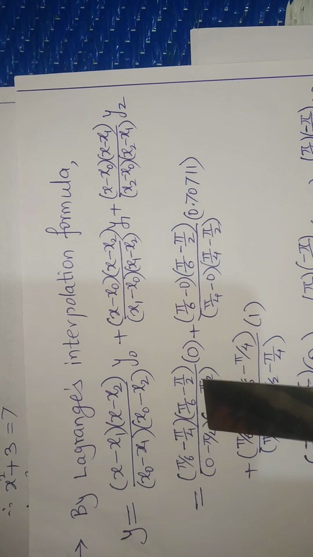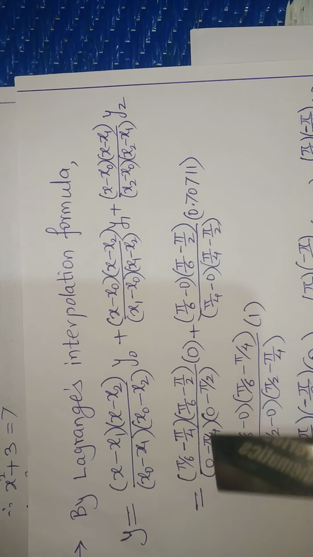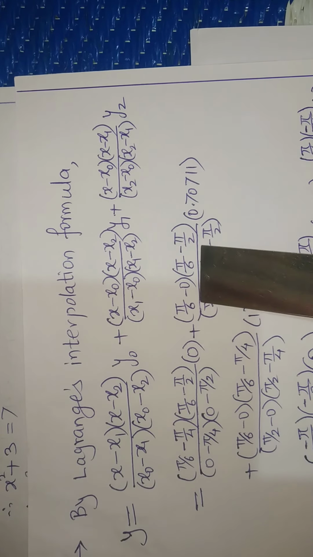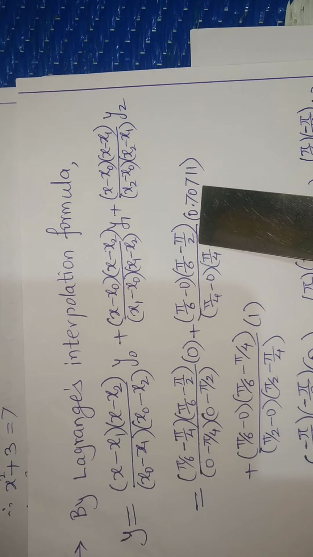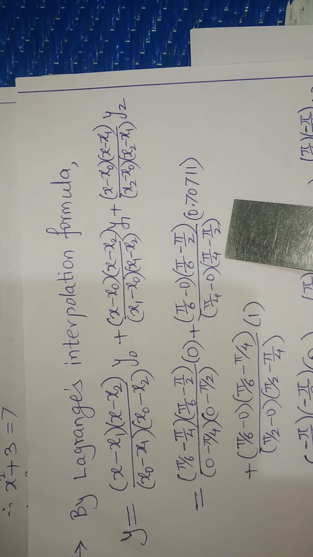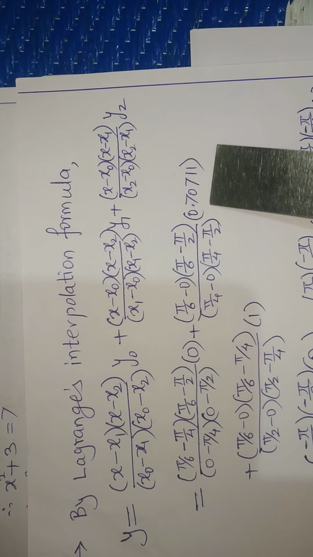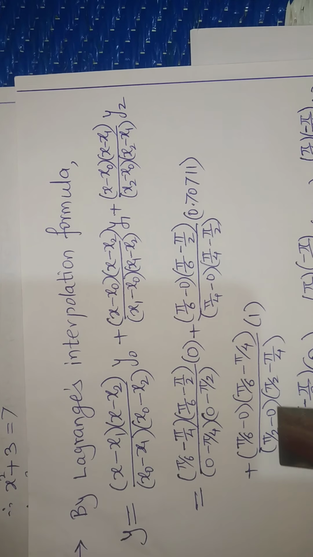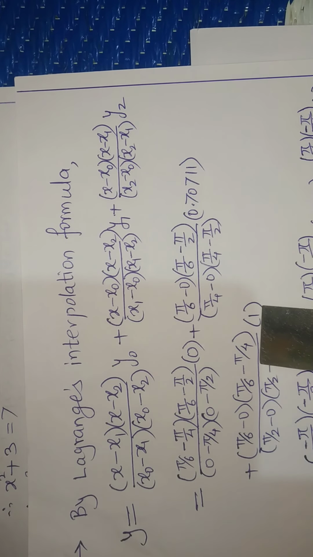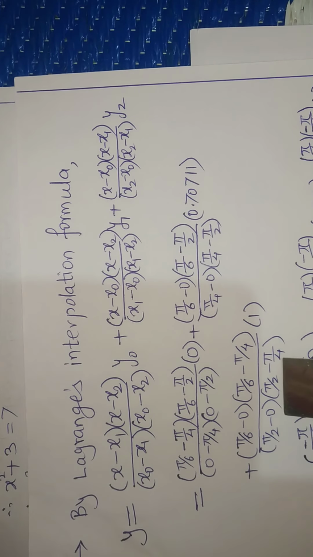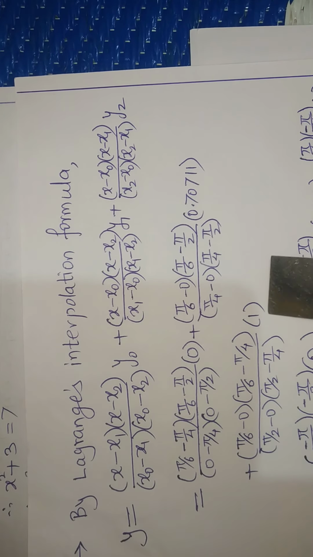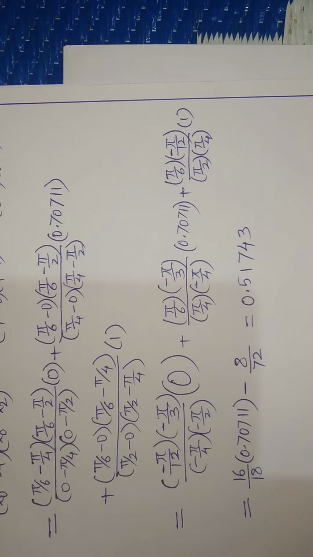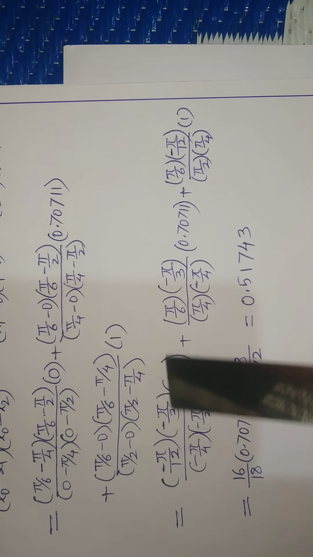So pi by 6 minus pi by 4 into pi by 6 minus pi by 2 upon 0 minus pi by 4 into 0 minus pi by 2 and the functional value is 0, plus pi by 6 minus 0 into pi by 6 minus pi by 2 upon pi by 4 minus 0 into pi by 4 minus pi by 2 multiplied by the functional value 0.70711 and the last term, that is pi by 6 minus 0 into pi by 6 minus pi by 4 upon pi by 2 minus 0 into pi by 2 minus pi by 4 multiplied by the functional value, that is 1. Now the first functional value being 0, actually I need not calculate, this value is going to 0.